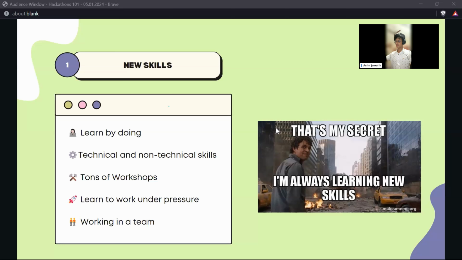We learn a bunch of technical and non-technical skills. As you said, there'll be lots of sponsors and sponsor prizes. So you'll be tackling those sponsor prizes. You'll be learning a bunch of new things such as working with new blockchains, different tools, GraphQL, programming languages, and a bunch more things.